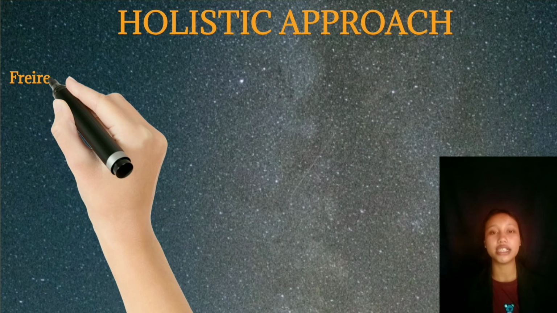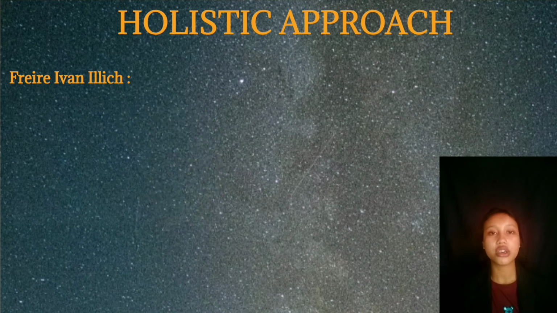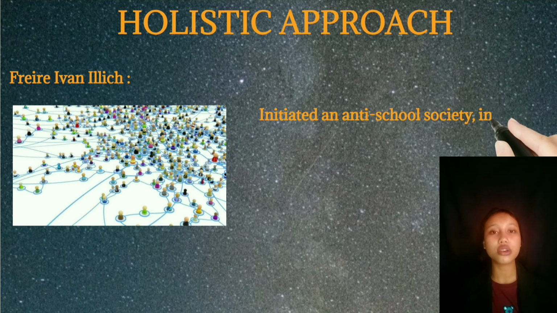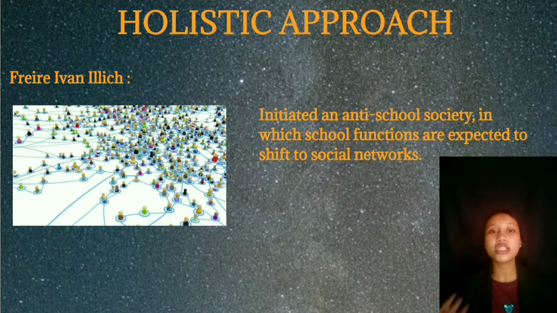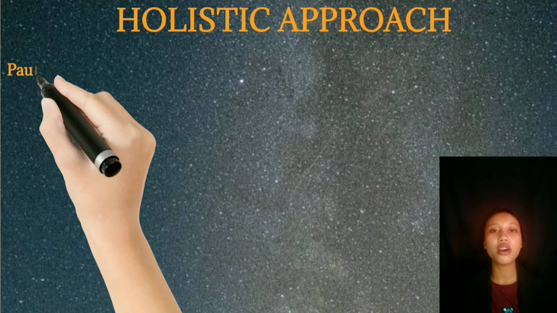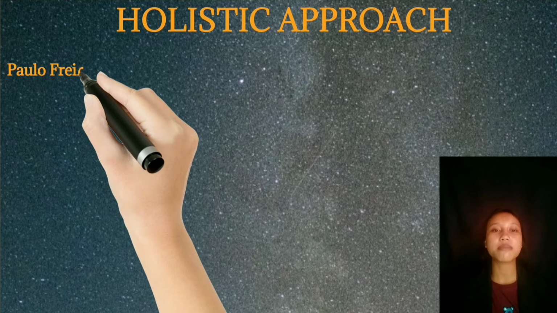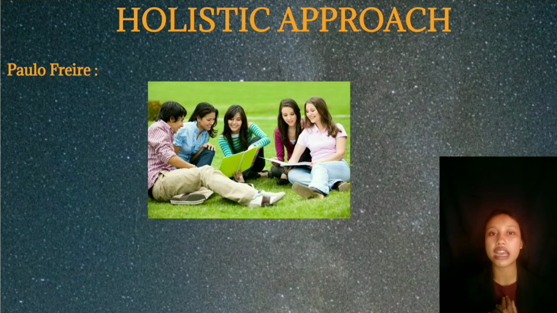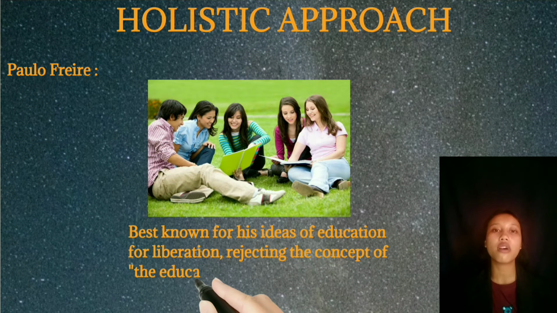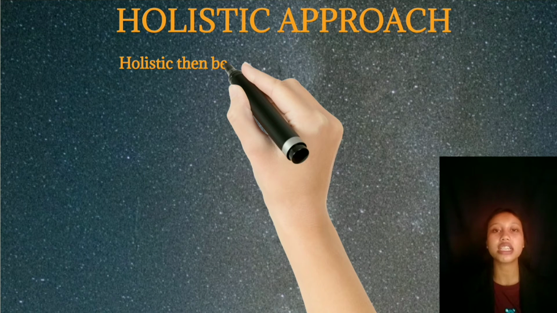In addition, Ivan Illich also proposed an anti-school society, in which school functions are expected to shift to social networks. In other words, Paulo Freire is best known for his ideas of education for liberation, rejecting the concept of the banking education and the education of the oppressed.